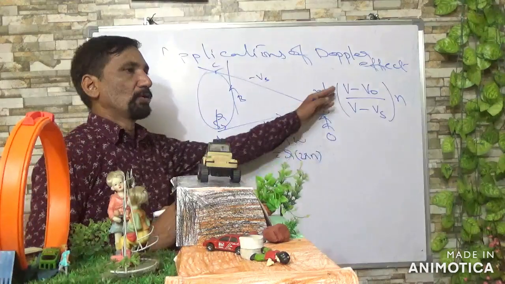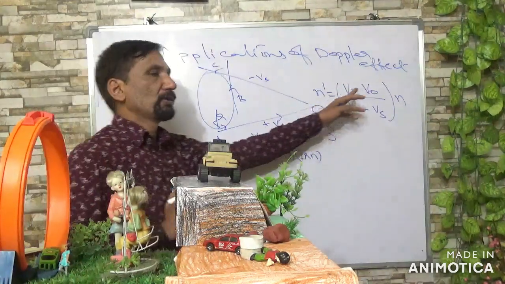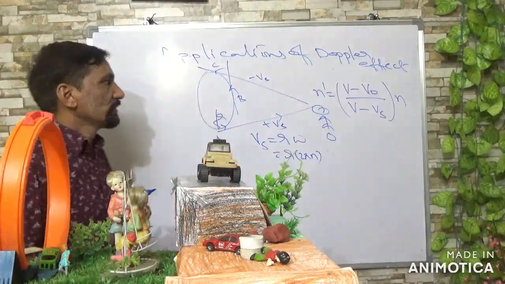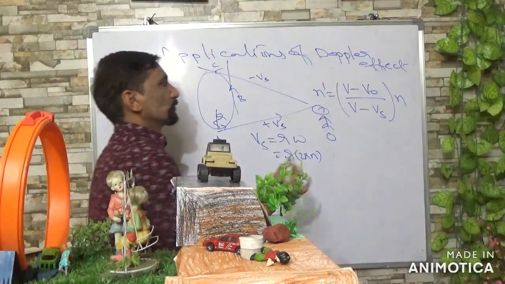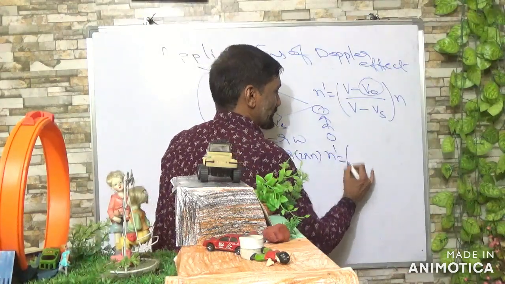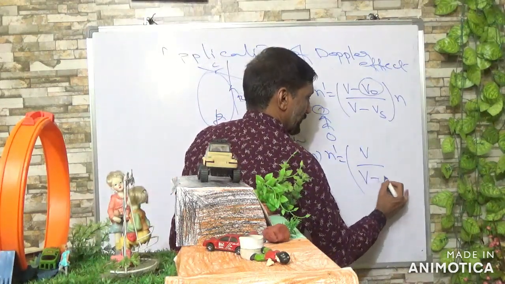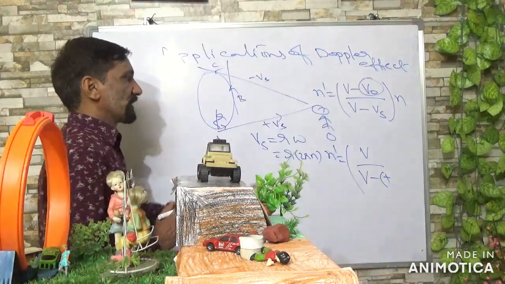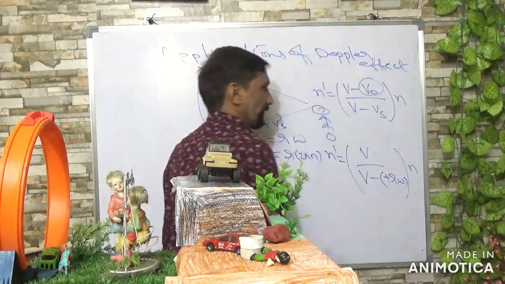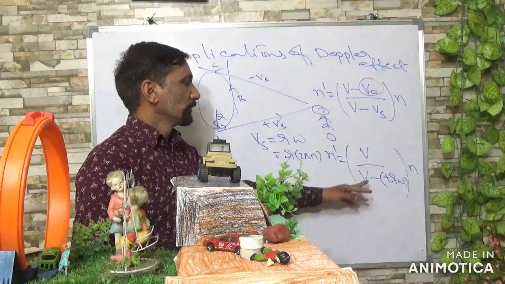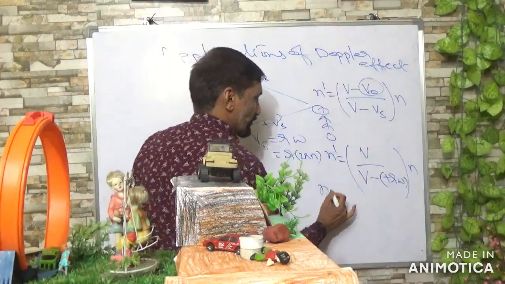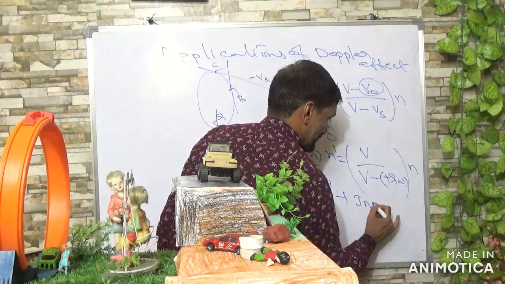V is velocity of sound in air, V naught is velocity of observer, and n is actual frequency. Here the observer is not moving, so the corresponding velocity is taken 0, and n dash equals V by (V minus of plus R omega) into n. What do you notice? In this case also, the denominator has less value than numerator. Obviously the frequency increases.